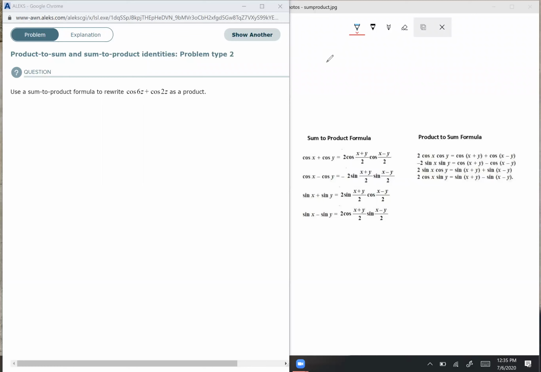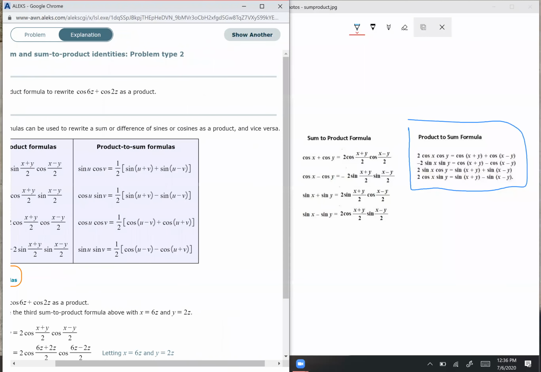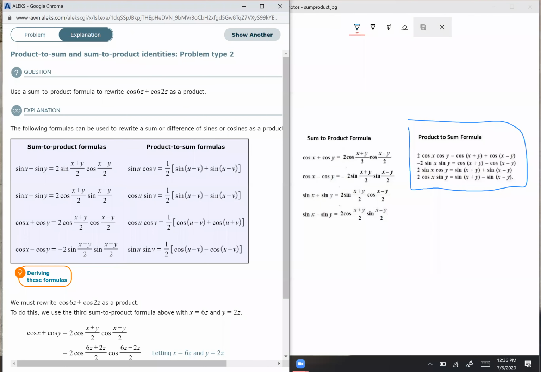I didn't realize that ALEKS used a different version than I did of the product to sum when I started the video. This is the one I usually use, but because they use a different one, I would suggest using the one in ALEKS. I would suggest using these right here for product to sum, the ones with the 1/2 over here, because that's how your problems are going to be laid out for you.